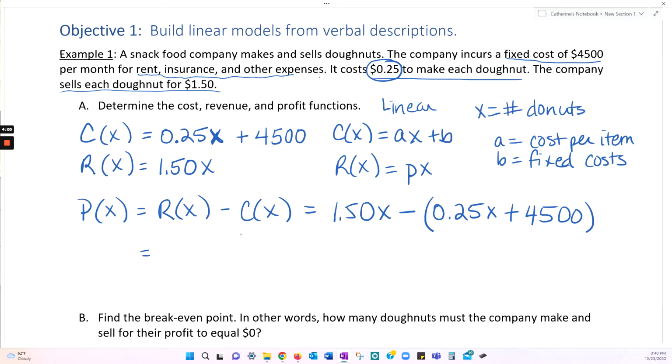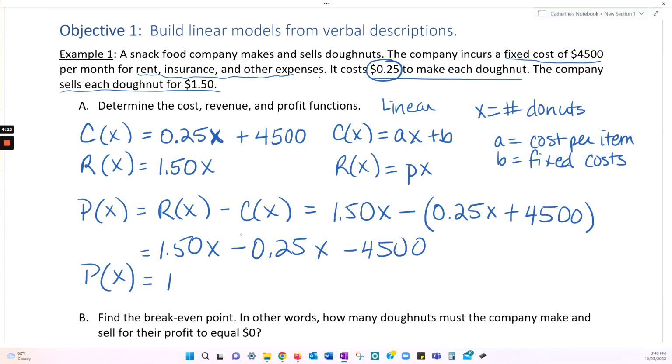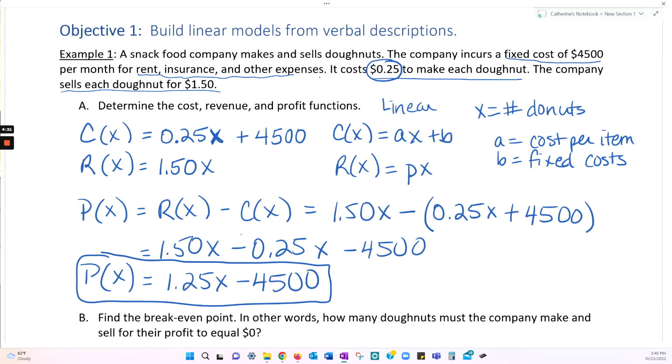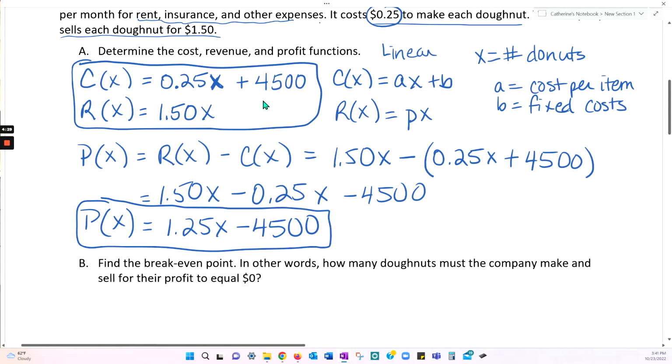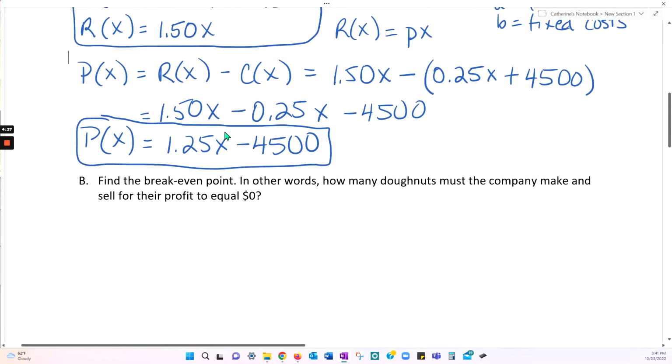So this is $1.50x minus 0.25x minus 4,500. So finally, combining like terms, I'll write P of X again for profit. It'll be $1.25x minus 4,500. Okay, so this is our profit. And then we had our cost and revenue up here. Profit, you always have to first find your cost and your revenue, and then you subtract revenue minus cost.